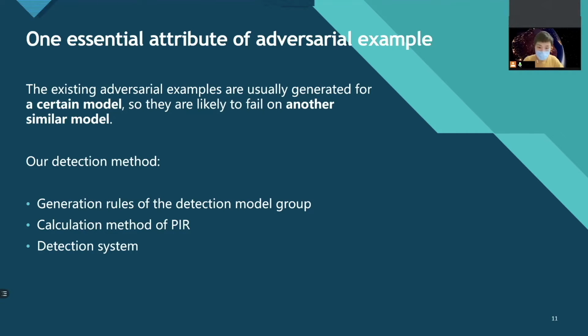Our approach finds these models to eliminate the effects of transferability. Then we use the prediction inconsistency of each model to get the detection results. It also depends on the reinforcement design of the detection system. Next, I introduce the two main methods and the final detection system in turn.